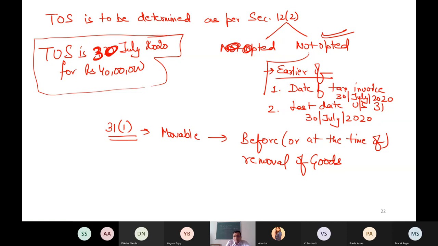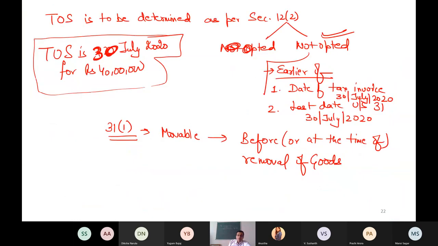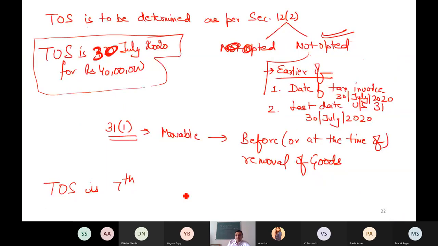Now, I don't know what is the payment date given, but let us assume that 80,000 amount is received for delay. There is a delay of 1 month, but 80,000 amount is received, for example, on 7th November 2020. Then for this 80,000, do you know what is the time of supply? Time of supply is 7th November 2020 for this increase in value.